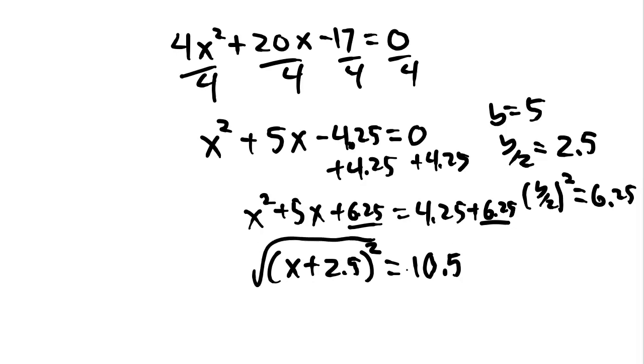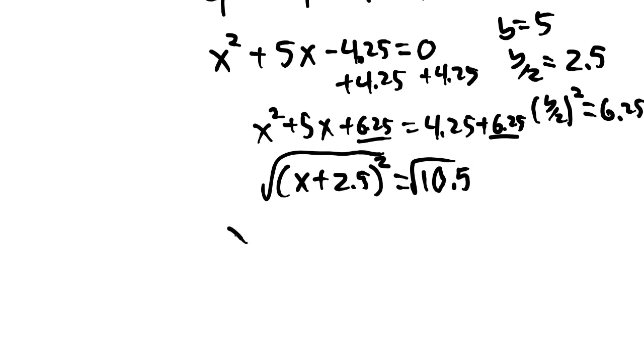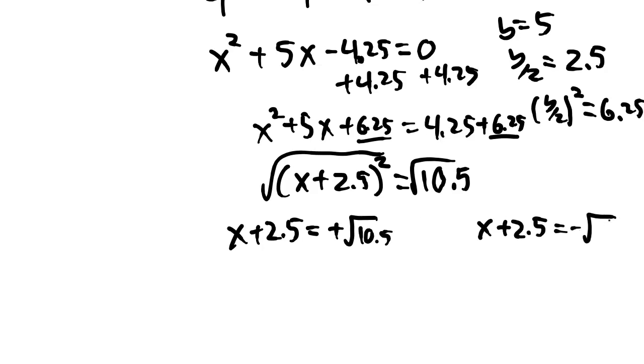Then we square root both sides. When you square root both sides, it's important. We've got x plus 2.5 equals the positive version of root 10.5, or x plus 2.5 equals the negative version of root 10.5, okay? Now, it's time to maybe go ahead and calculate that number if we want a decimal answer. And it's 3.24.